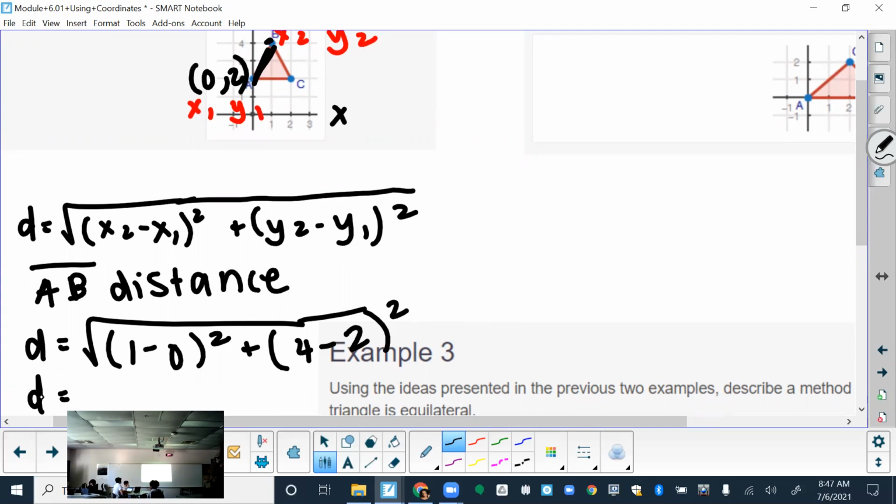So practice entering this into Desmos exactly how it looks.